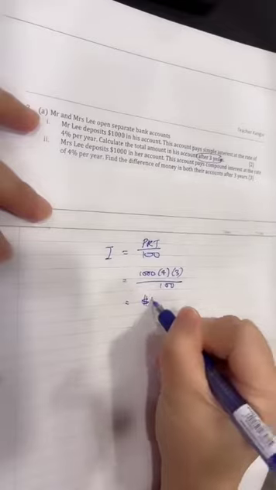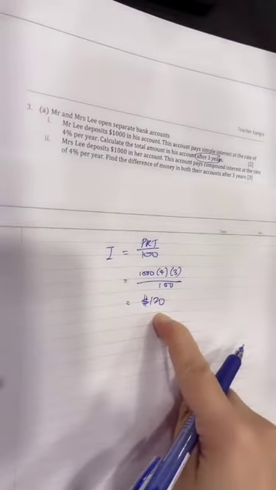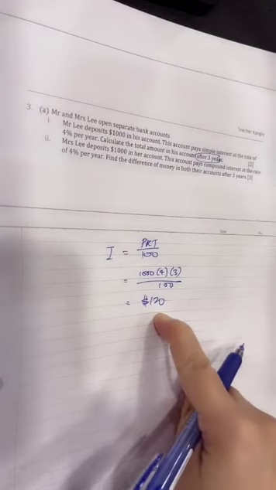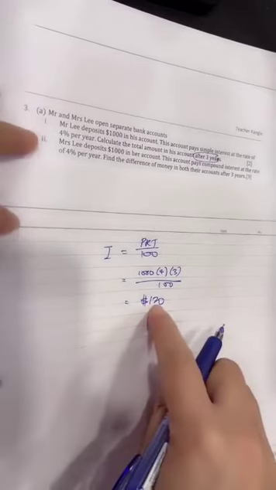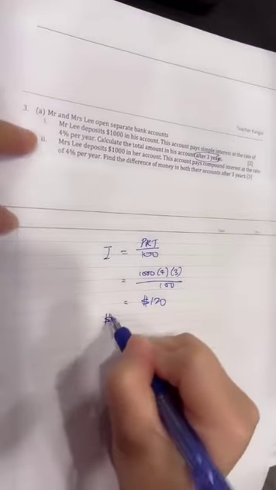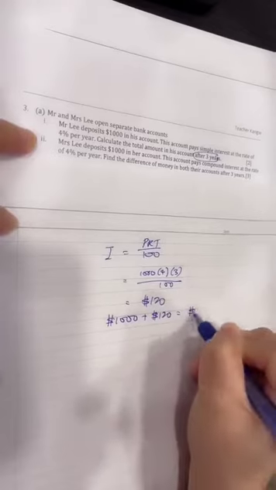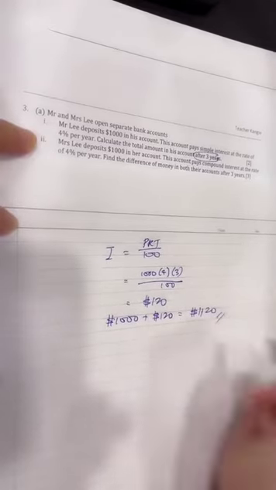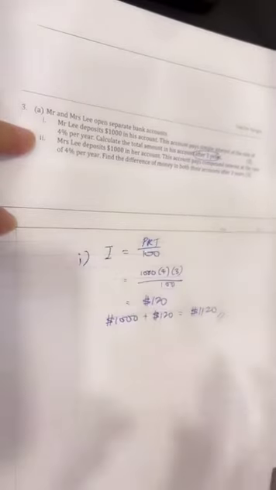Take note, this is the interest. It means Mr. Lee put $1,000 inside and earned $120 interest. So the total amount he gets is the principal plus the interest, which is 1120. That is for part 1.